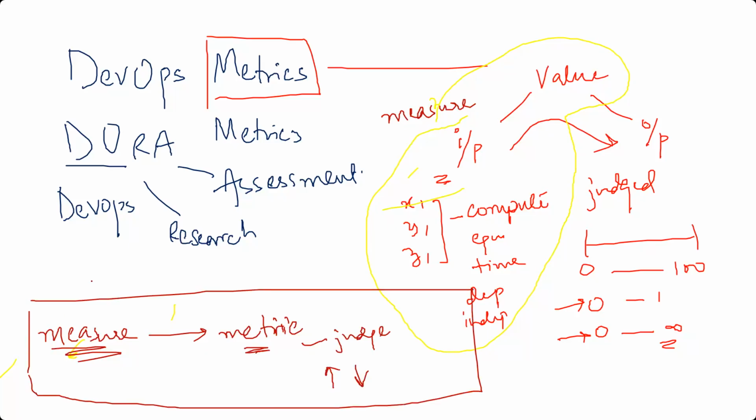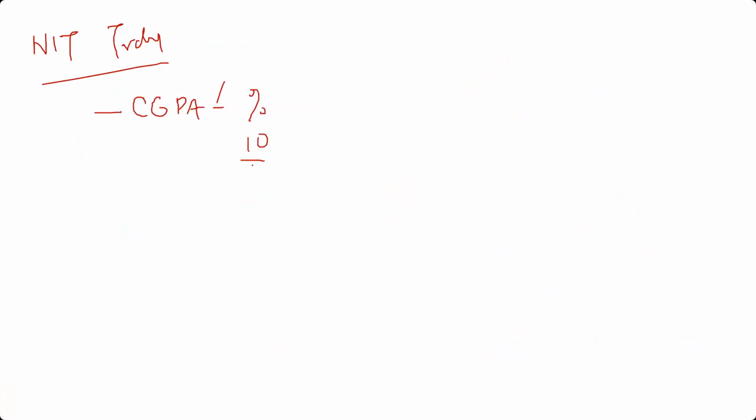Okay, now you can define new metrics for anything just to check whether you are going in a good direction or bad direction. Let's take an NIT Trichy student as an example. Okay, so one type of metric you have is your CGPA, which is either in percentage or in a scale of 0 to 10.